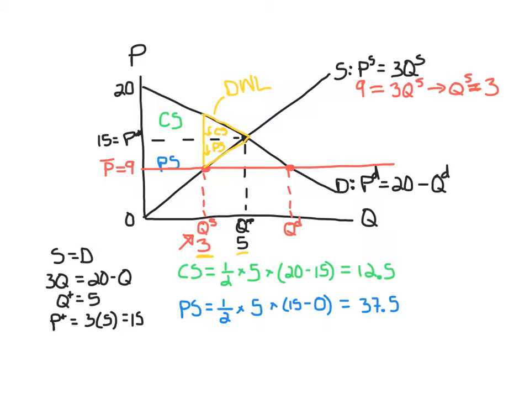And in fact, it's a reallocation from the producers to the consumers. So this is a loss, that's a down arrow in case you can't read that, in producer surplus. So that's what this rectangle is representing.